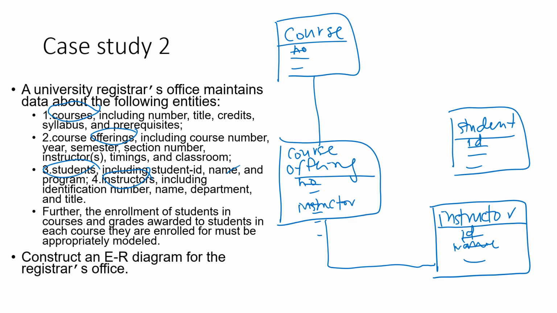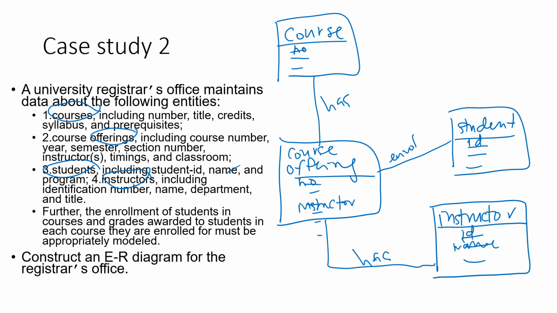So student must be connected to the offering instead of the course. So enroll, has, contain, and so on are the basic relationships.